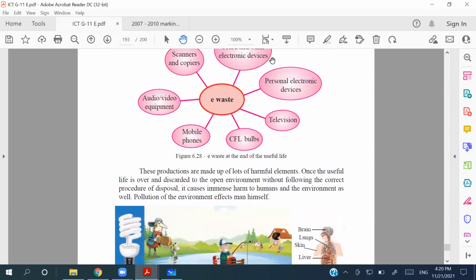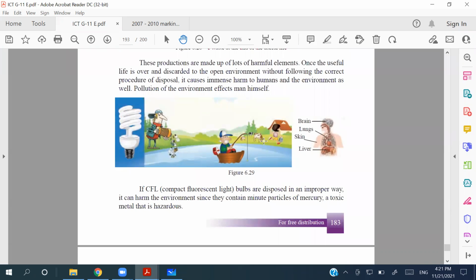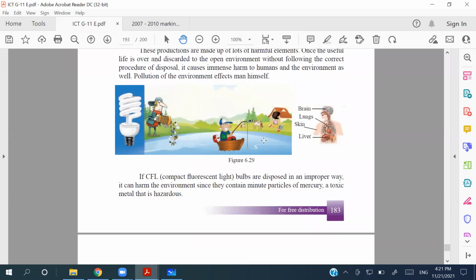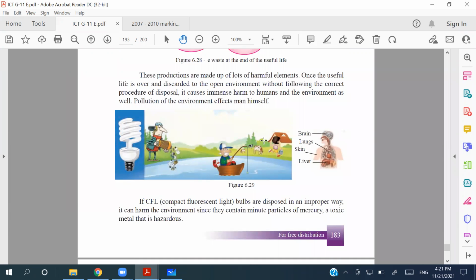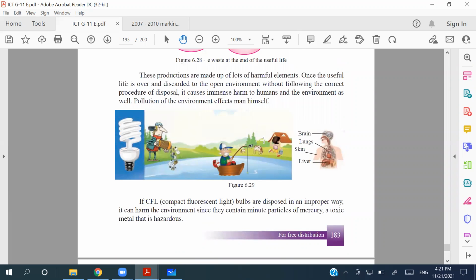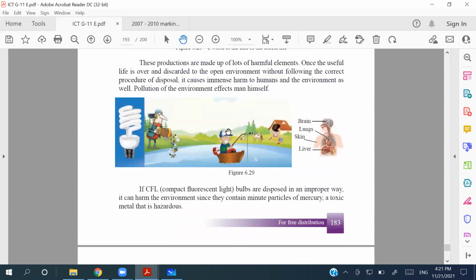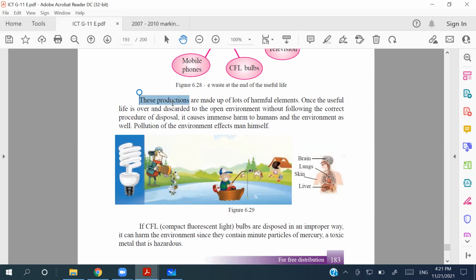Okay, so moving forward. It's better you write this sentence.